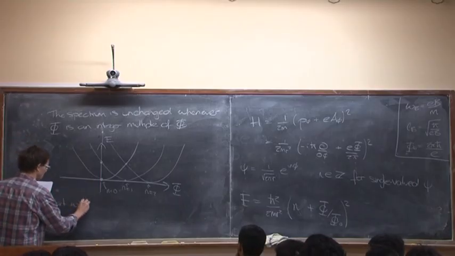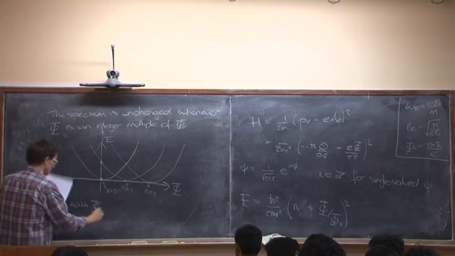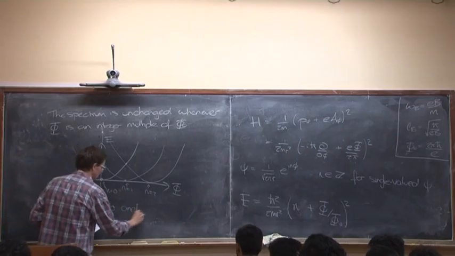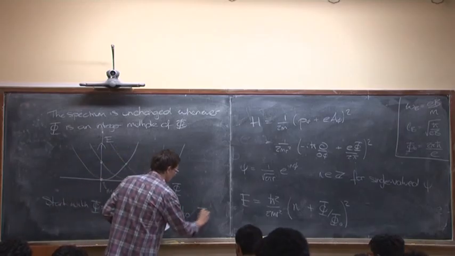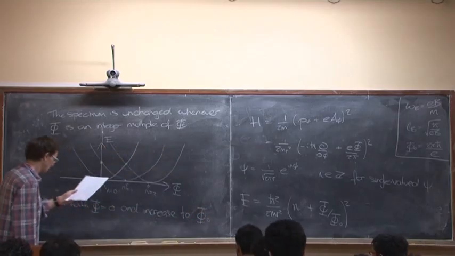So start with phi equals 0. Increase the flux.